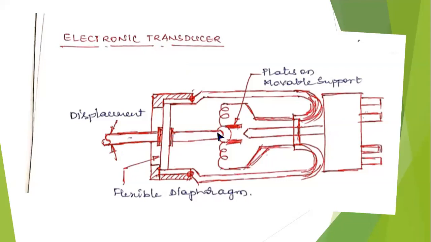Remember, the deflection of this plunger, shaft or rod makes the tungsten filament change the electrical characteristics of the electronic transducer.